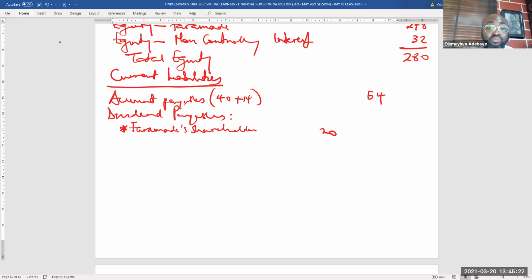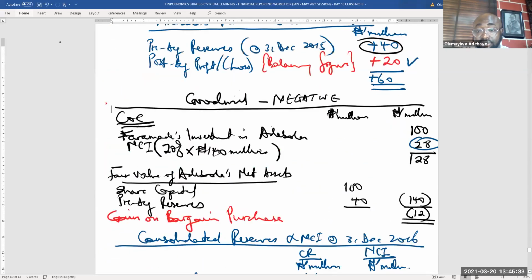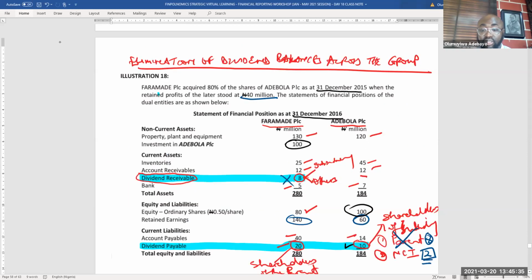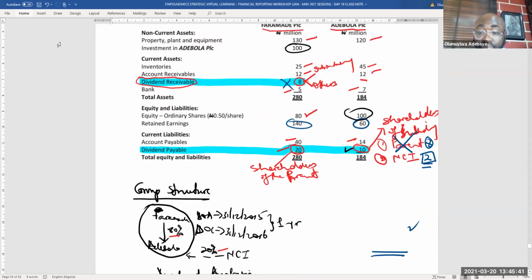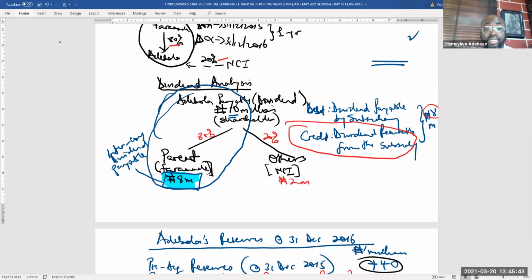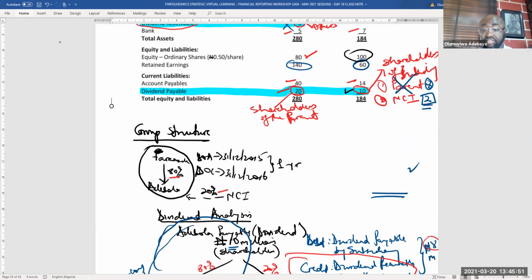That is 20. And the one after elimination that is due to non-controlling interest, which is 2. How do you arrive at the 2? Can you remember here? This 10, we analyze it into 8 and 2. This is where we analyzed it, 8 and 2. And this 8 was canceled out, which left out this 2.